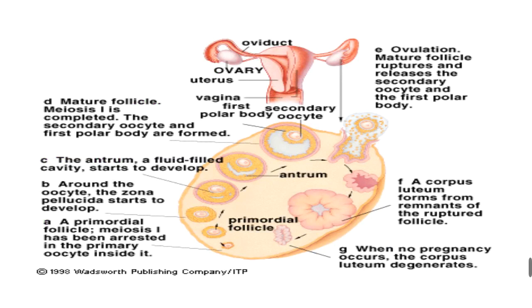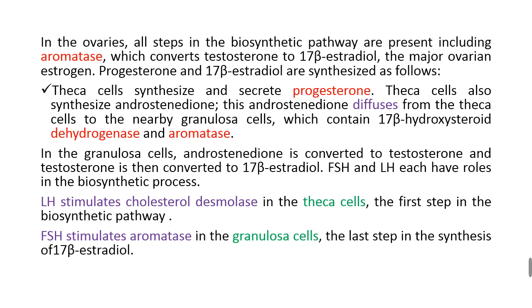Another figure demonstrates the ovaries and the stages of oogenesis. In the ovaries, all steps in the biosynthetic pathway are present, including aromatase, which converts testosterone to 17-beta estradiol, which is the major ovarian estrogen.